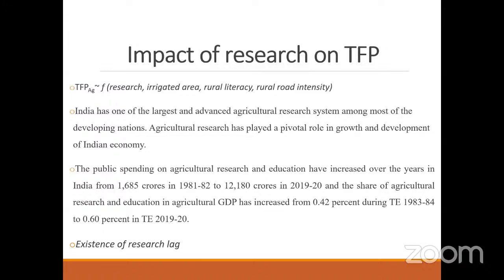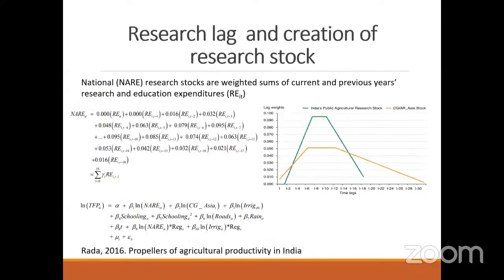After that, it will take some time for adoption at the farm level. Then from adoption to peak adoption, and subsequently the impact on productivity, it will take a few more years. So the current year's productivity will be impacted not only by this year's research expenditure, but also by the research expenditure done in past years.